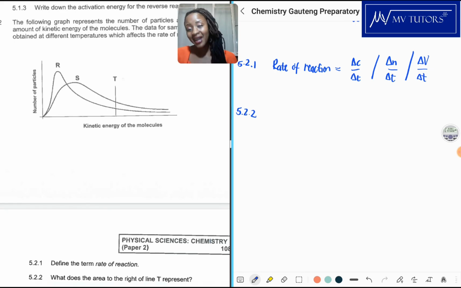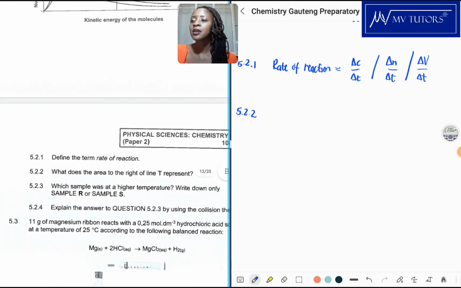But to the right of T, the area there is where you have particles that have enough kinetic energy to form effective collisions, because they have the activation energy. They have energy that is more than the activation energy, and therefore they can form useful collisions and products can be formed.